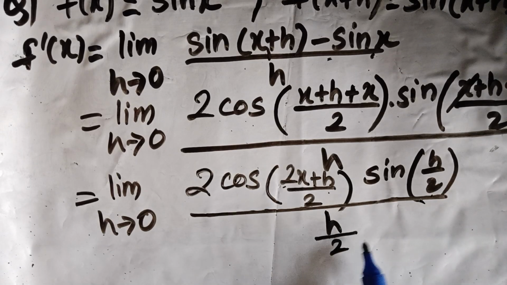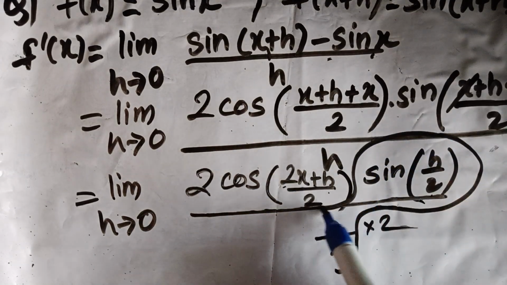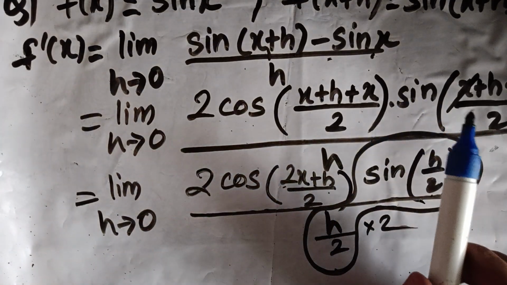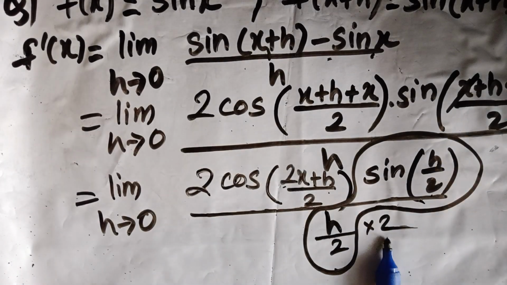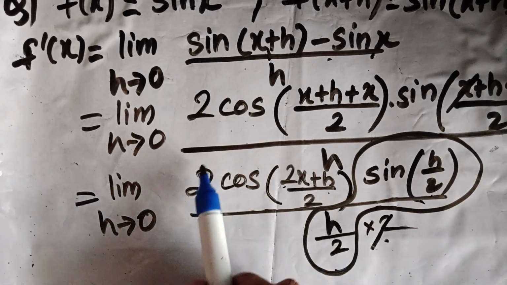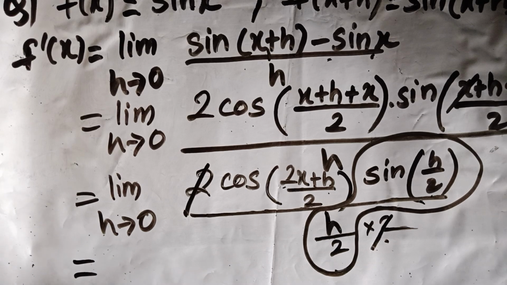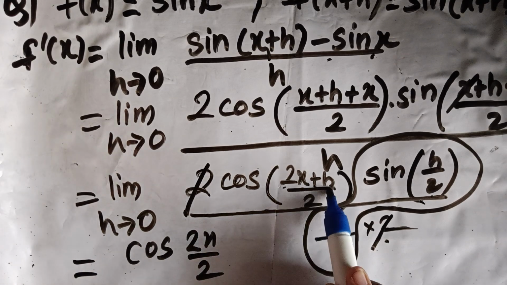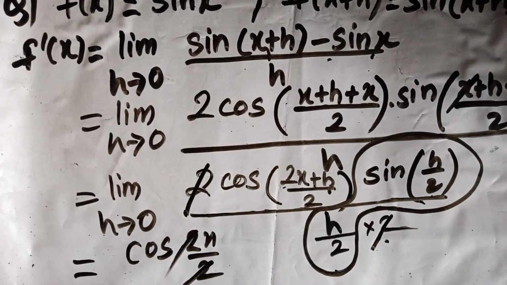So I'll divide and multiply by 2. So this whole thing as h tends to 0 becomes 1. Okay. This 2 gets cancelled with this 2. So we'll get here cos 2x upon 2 because h is 0. So the final answer is cos of x. So the derivative of sin of x is cos of x.